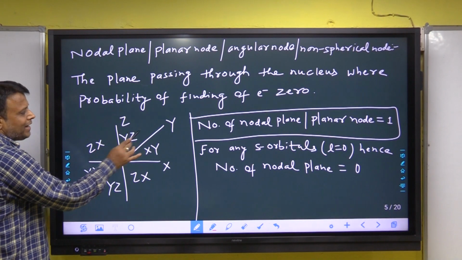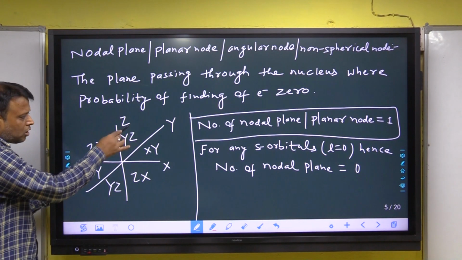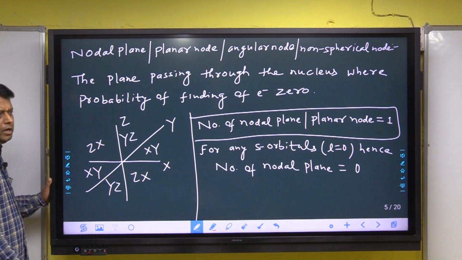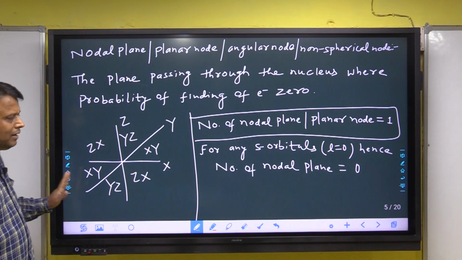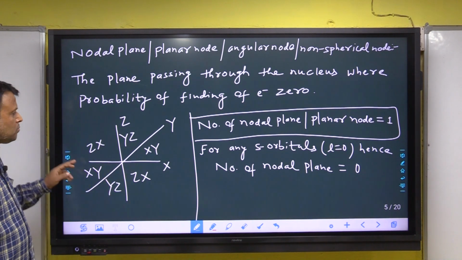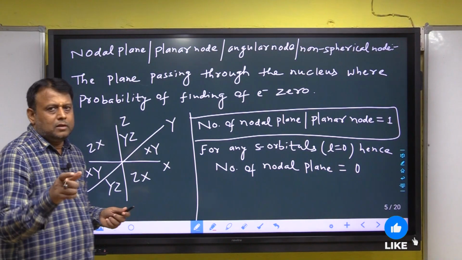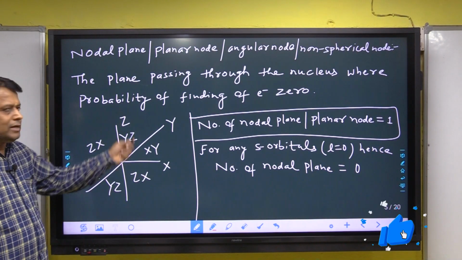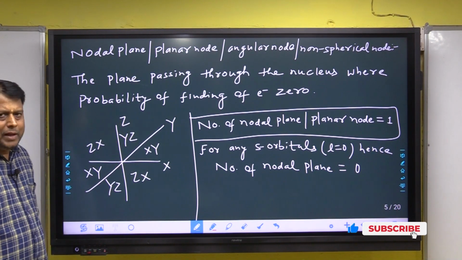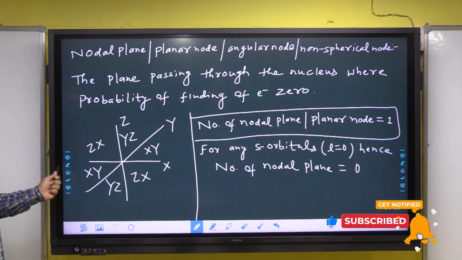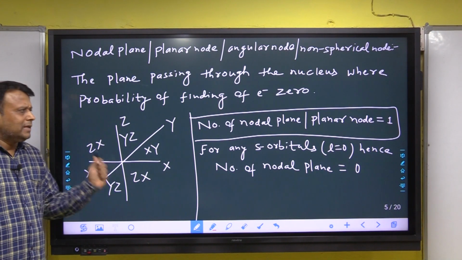In between y and z axis, called the yz plane. In between z and x axis, called the zx plane. Clear? Again, xy plane, the plane between x and y axis; yz plane, the plane between y and z axis; zx plane, the plane between z and x axis.